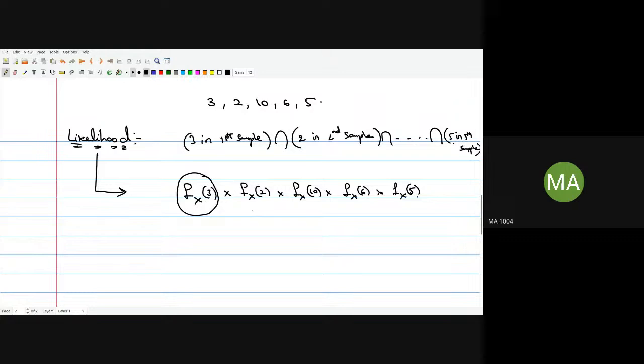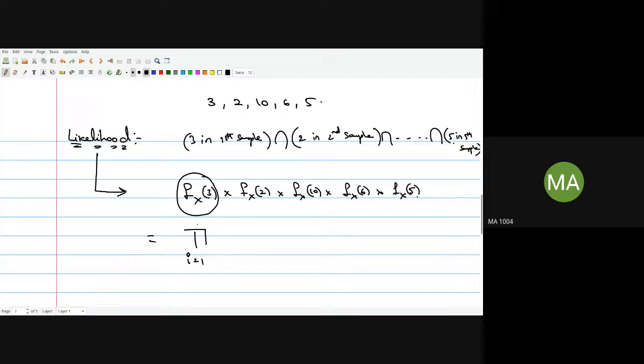Along with this, getting 2 in the second sample is multiplied by fx of 2, multiplied by fx of 10, multiplied by fx of 6, multiplied by fx of 5. So collectively, this is how we write.